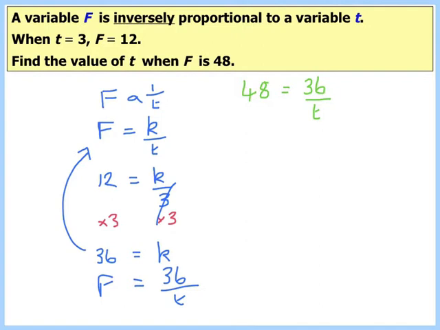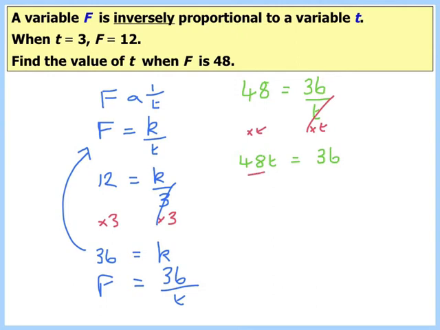I can't deal with this t on the bottom of this fraction at the moment, so I've got to get it off there. So to do that, I'm just going to multiply both sides by t, because that will get it off there. And then that will give me 48 times t over here, and on the other side it will just leave me with 36. Now I want t on its own.